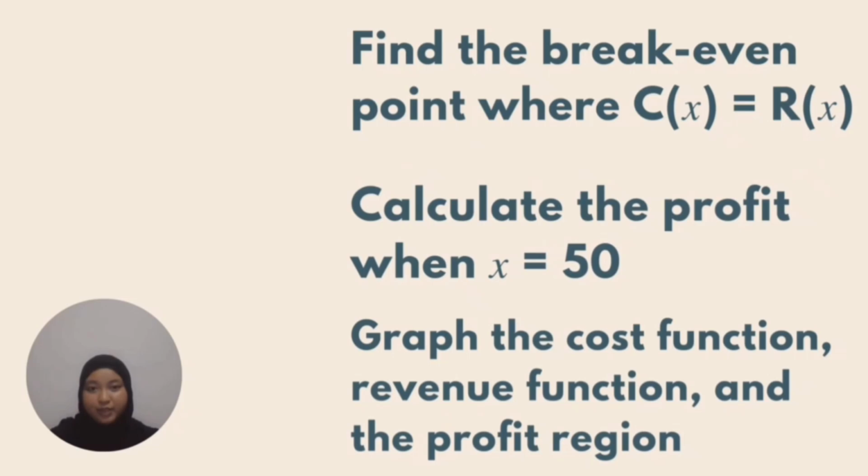So the question is, find the break-even point when cost function equals revenue function. Next, calculate the profit when x equals 50, and graph the cost function, revenue function, and the profit region.